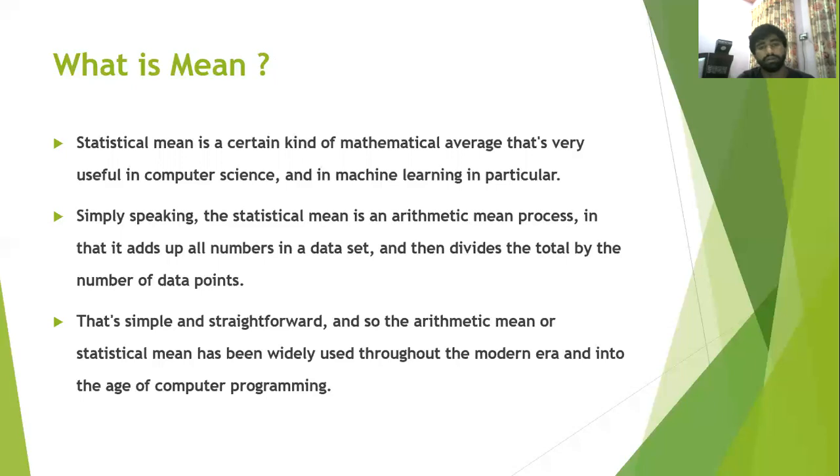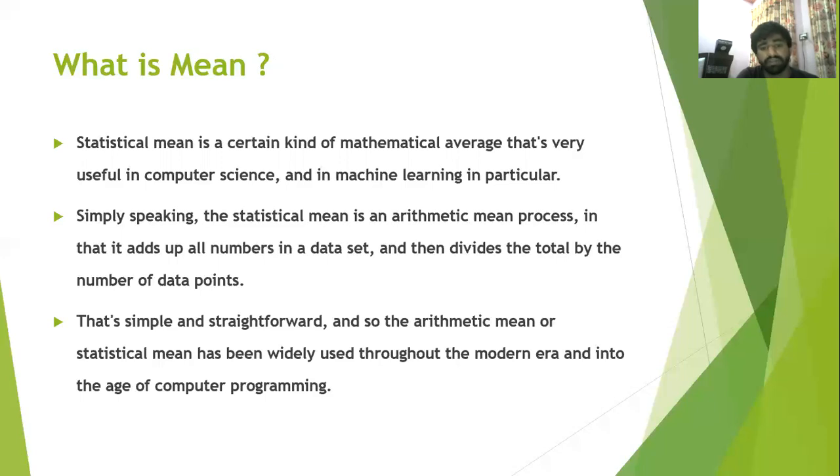In other words, we use mean for data: we take the data and numbers, add them, and then divide them, and we get a number, the mean of the data points. So that is simple and straightforward.